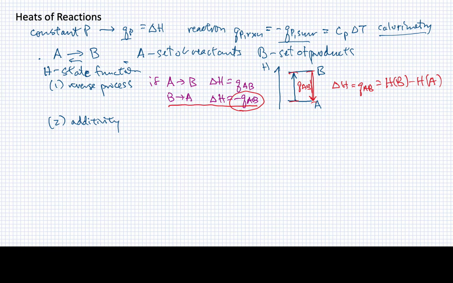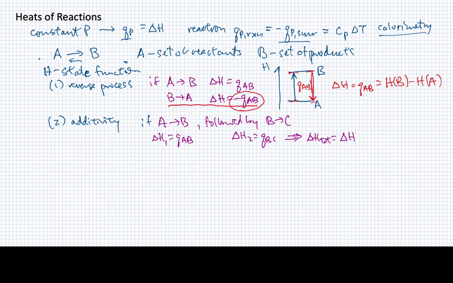In other words, if I have a reaction, let me switch to purple here, A goes to B, and I have a second reaction followed by B goes to C, then if delta H of this first process is QAB and delta H of the second process is QBC, then the total process is going to be the sum of these two.